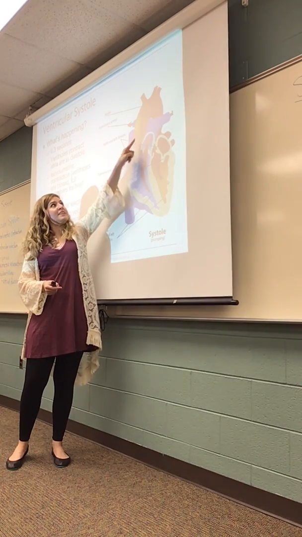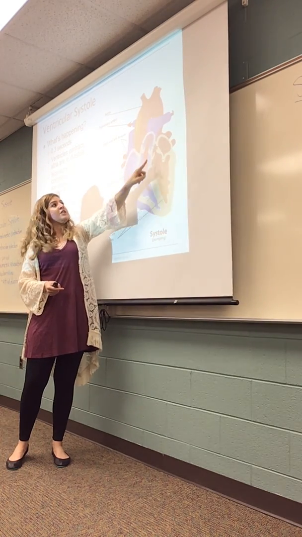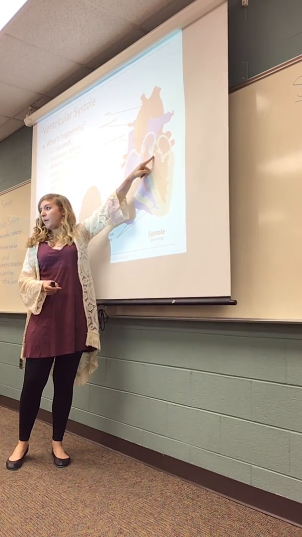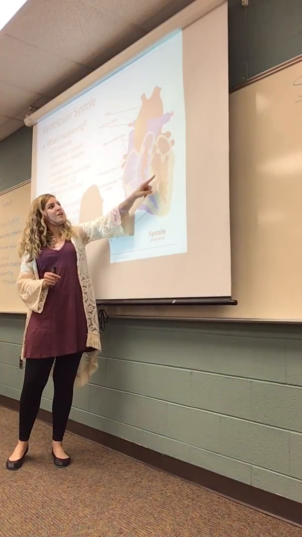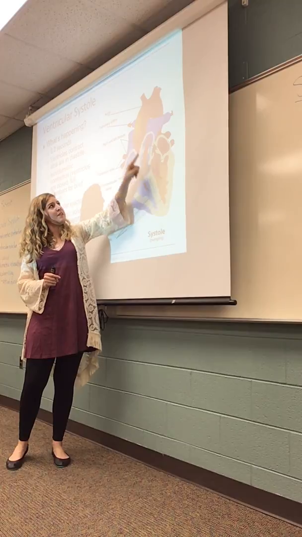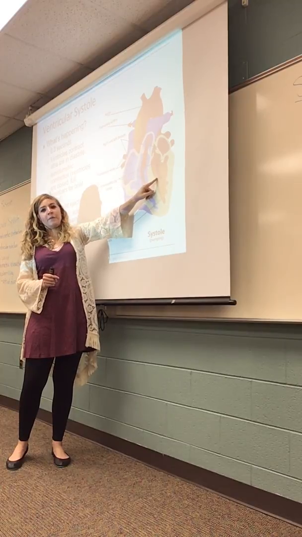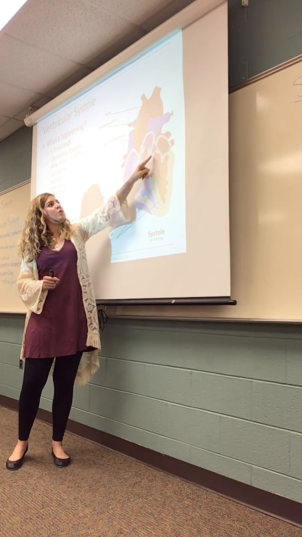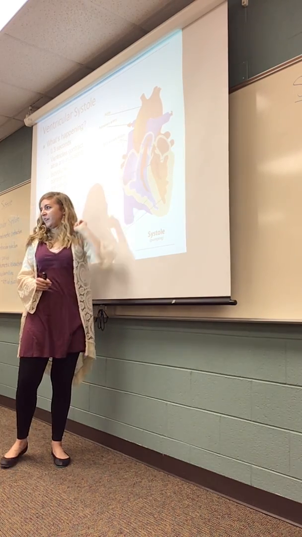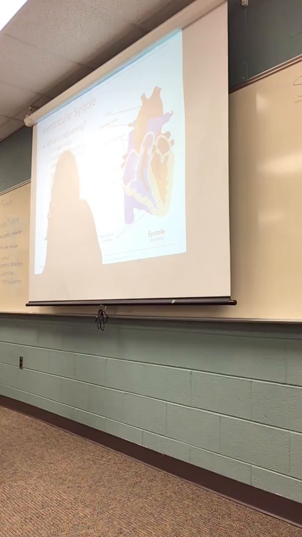This pressure rising above the pressure in the aorta is what causes this valve to open. So during isovolumetric contraction, the pressure here is going to be less than the pressure in the aorta. But then it's going to rise above at the end of isovolumetric contraction, which opens this valve and pushes blood into the aorta. Does that make a little more sense? I realize that's not the most intuitive thing.